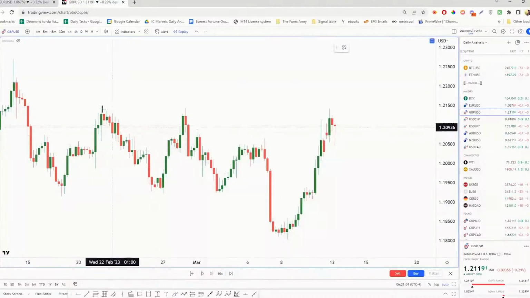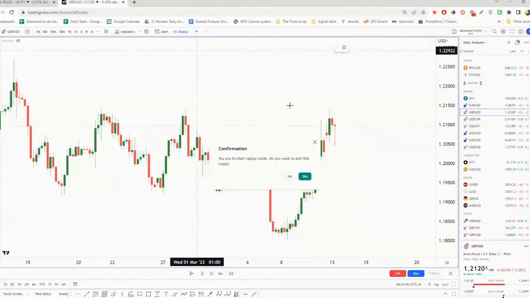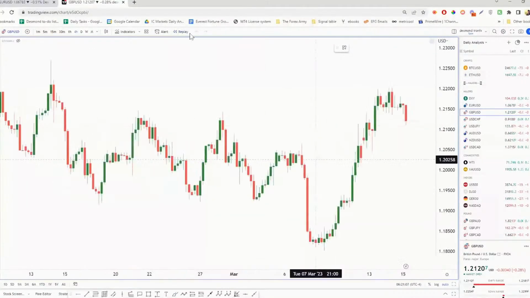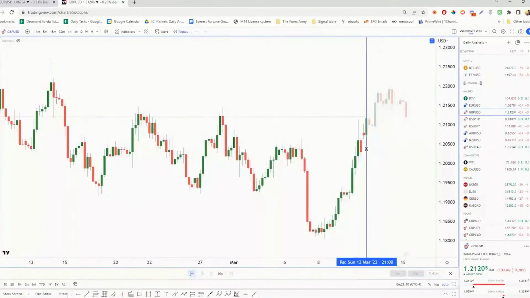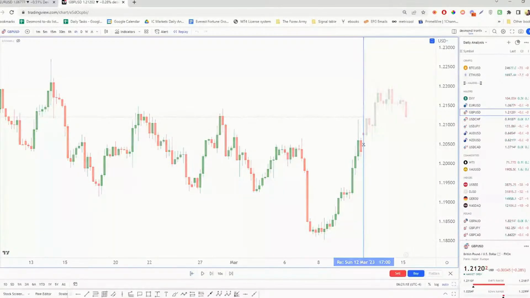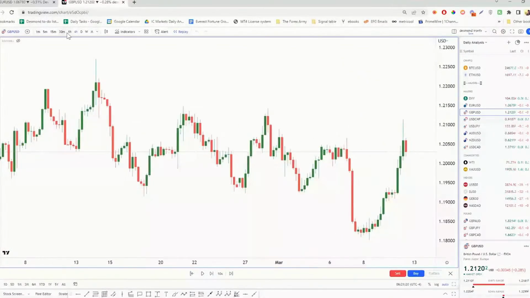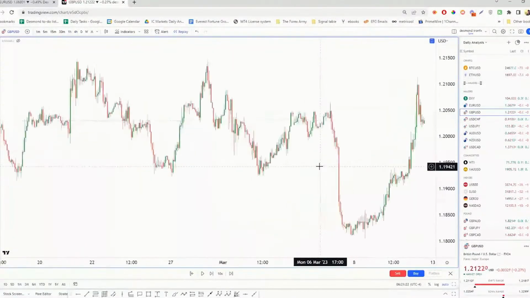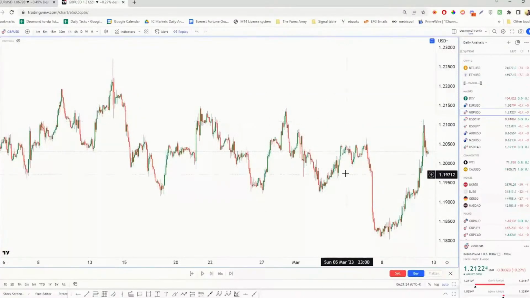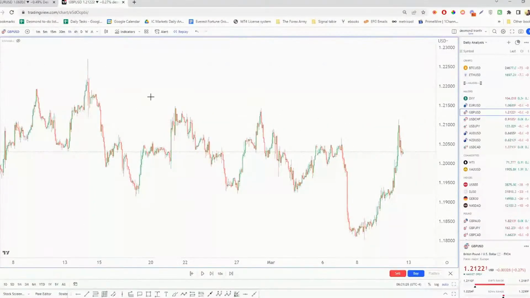In this particular setup, if I were to do a bar replay feature, so I think it was a 4-hour chart.